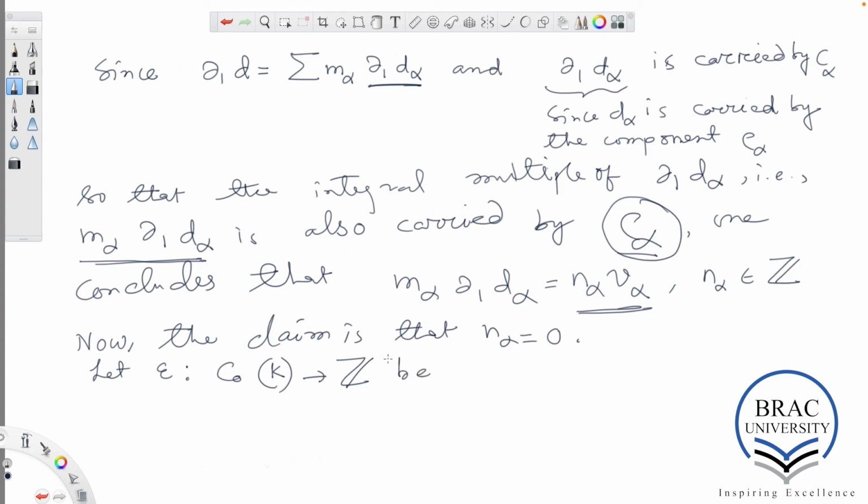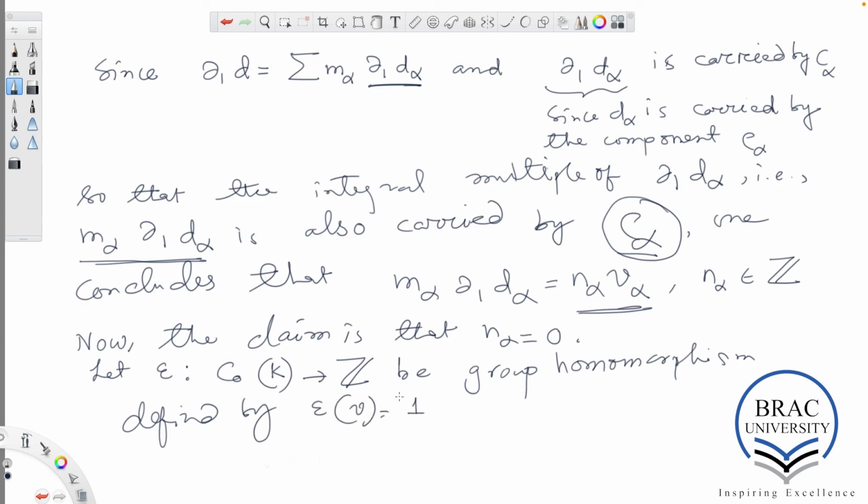This group homomorphism is defined by epsilon of v equal to 1 for each elementary zero chain v corresponding to the vertex of K, denoted by the same symbol v. So this is how we define this map epsilon. We pick up an elementary zero chain v corresponding to the vertex v and apply epsilon to it to get 1.